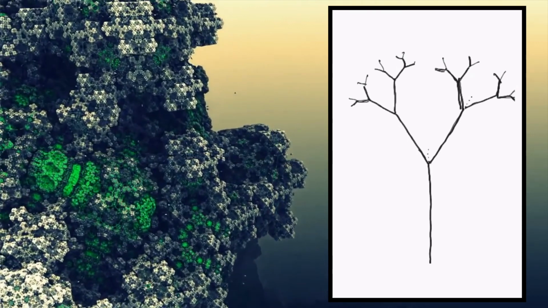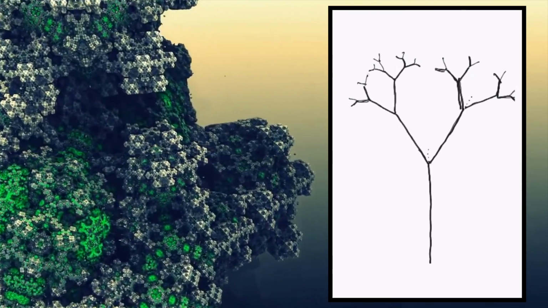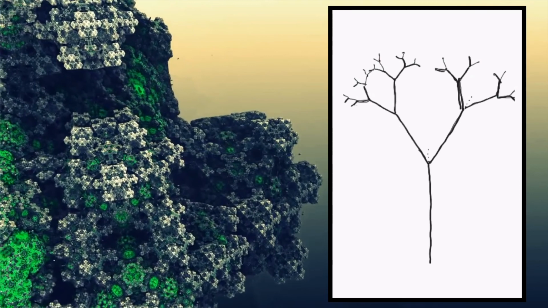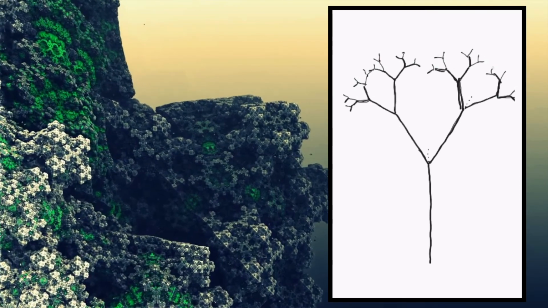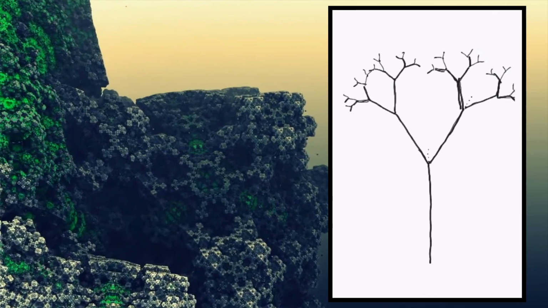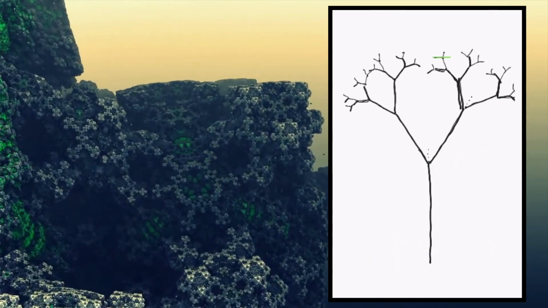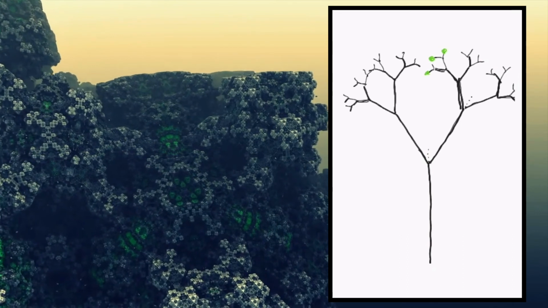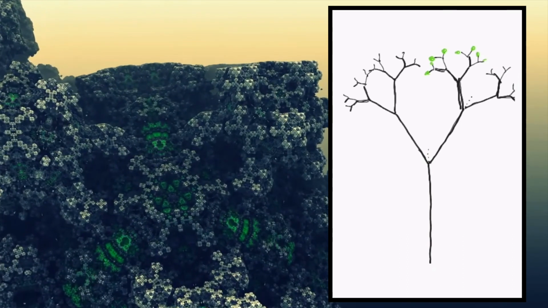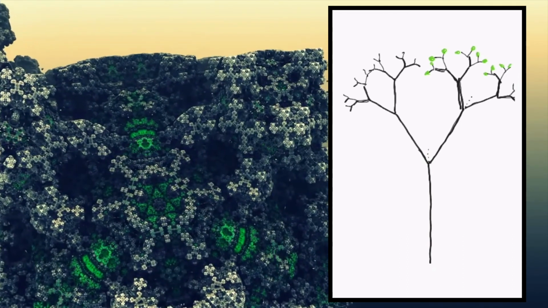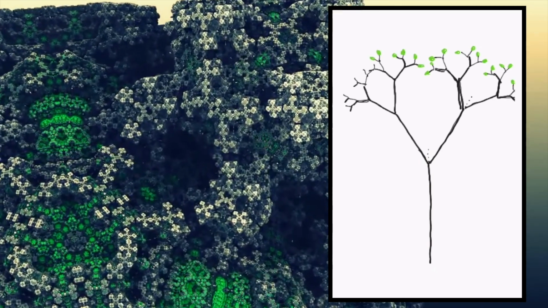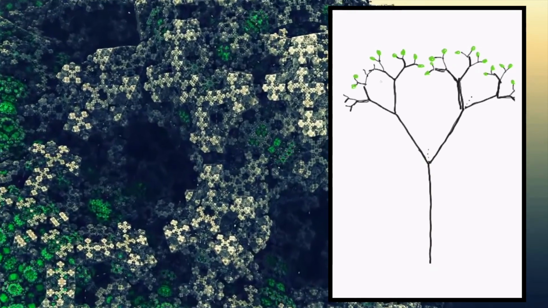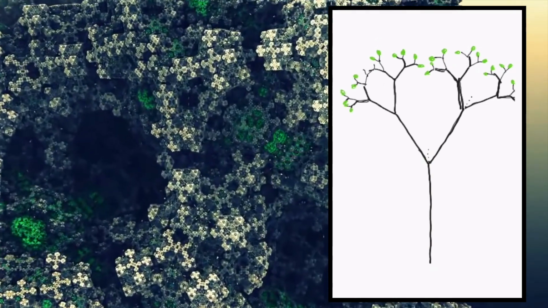I eventually stopped drawing branches after about 6 or 7 iterations, and when you do decide to stop, it's always good to add some colour and flair. So you might want to add some green leaves like I've done here. What's also interesting is if you change the initial angle of the branches, you'll get very different looking trees. So it's a great fractal to experiment with.